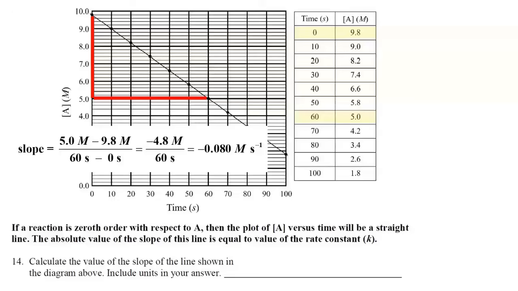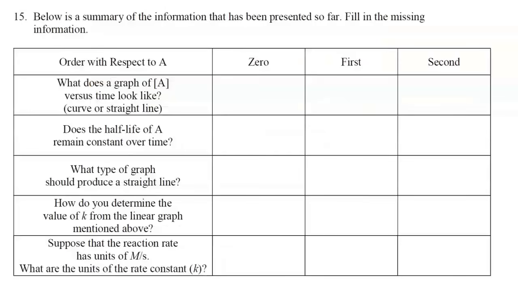So my value for the slope is equal to negative 0.080, and my units are molarity per second. So my answer for the slope is negative 0.080 molarity per second. The absolute value of this slope would equal the rate constant K in this experiment.